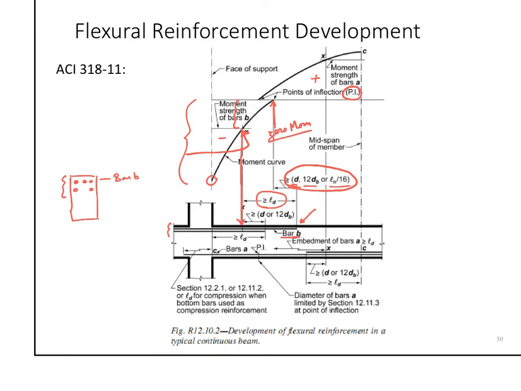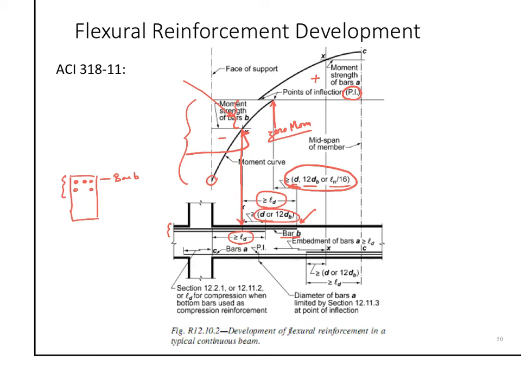Now, where does bar A stop? Bar A stops at the bigger of Ld from the face of the support. That's where we need all 5 bars. Or d or 12 db from where I only needed the 3 bars, where those 2 bars are not needed anymore. So this is where the top reinforcement curtailment goes.